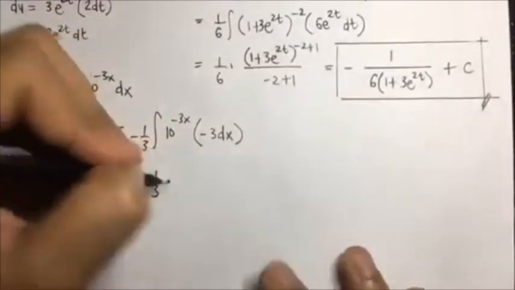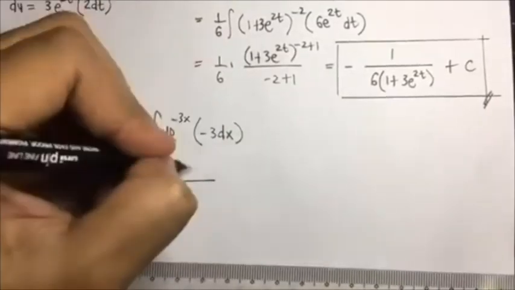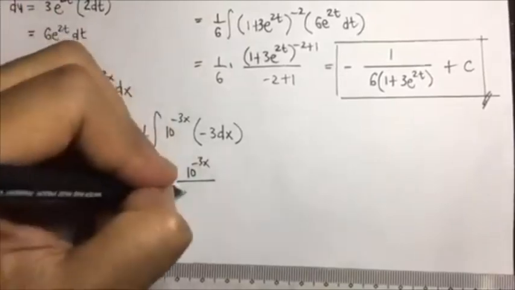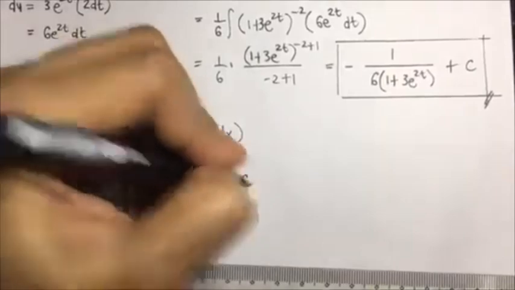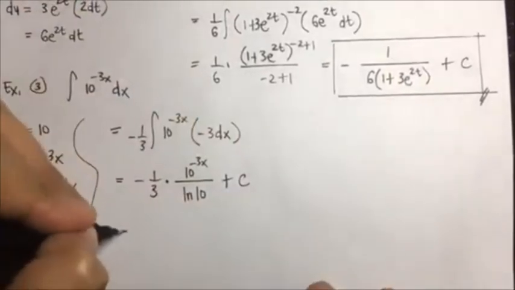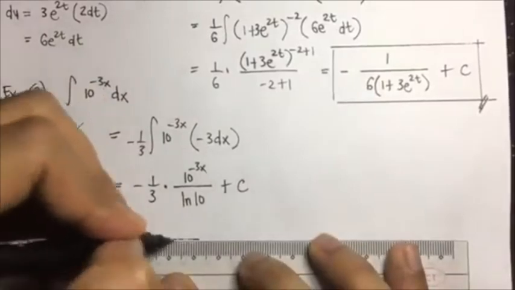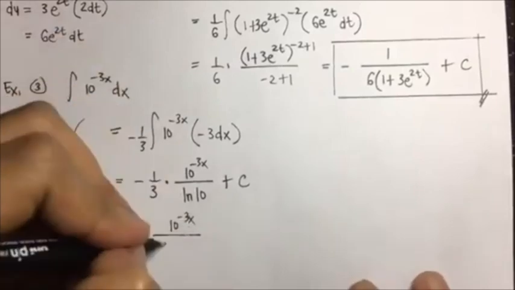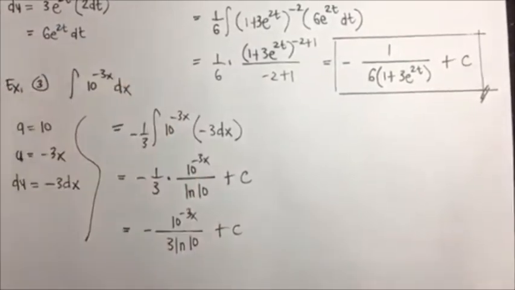Then the integral of this now is equal to this. Copy a to the u, so negative 1/3 times 10 raised to negative 3x over ln of 10, plus c. Or we can simplify this as negative 10 raised to negative 3x over 3 ln of 10, plus c.